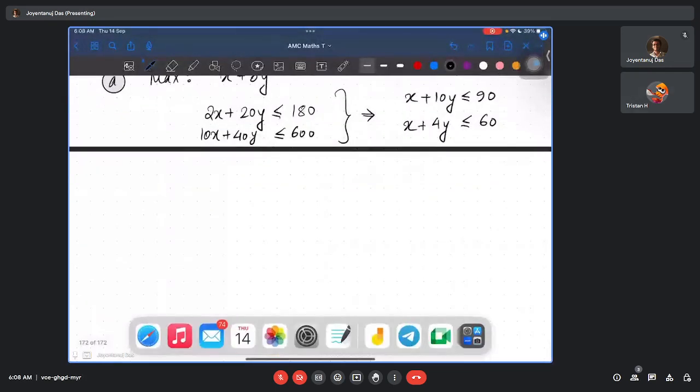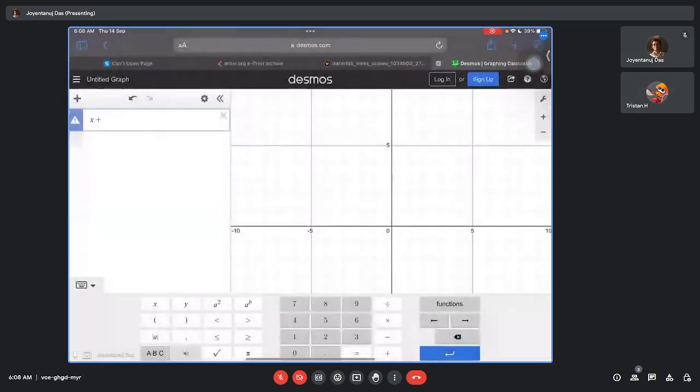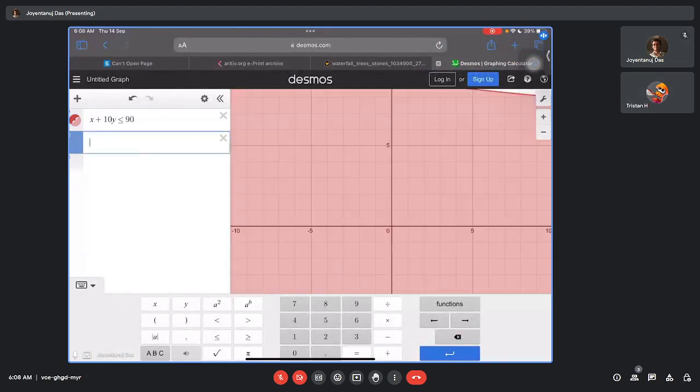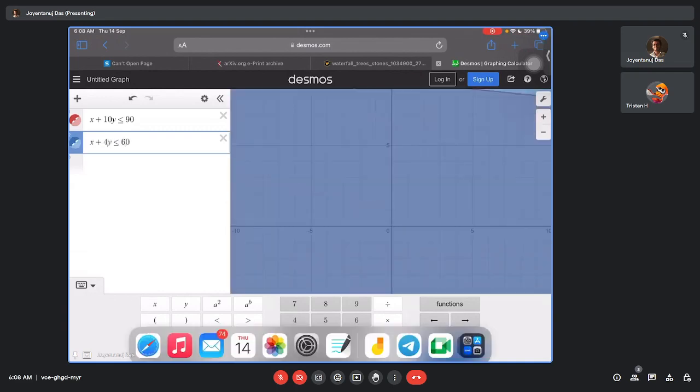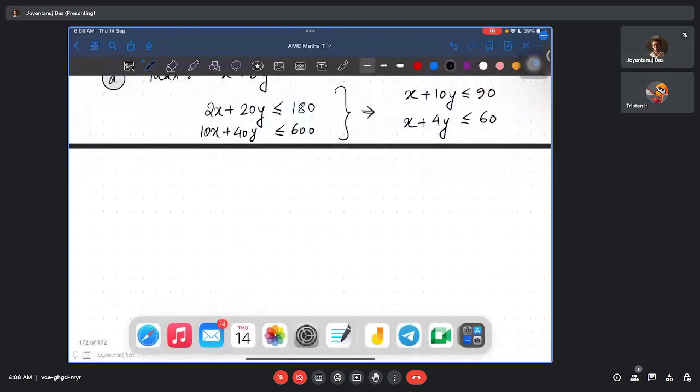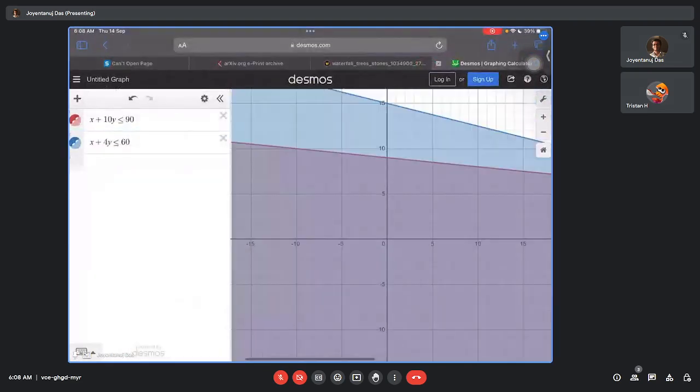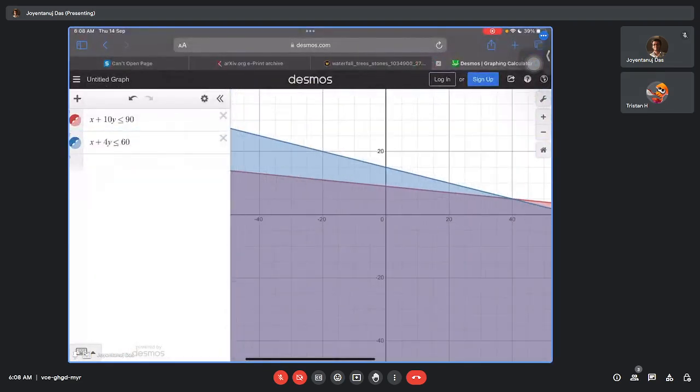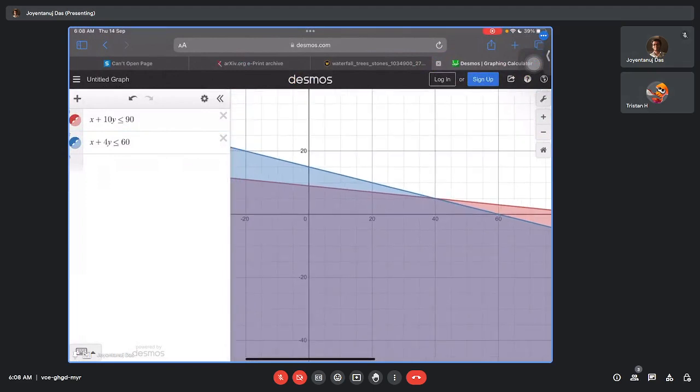X plus 10y equals 90. Next is x plus 4y less than or equal to 60. Okay. So this is 1 point, this is 1 point, and this is 1 point.